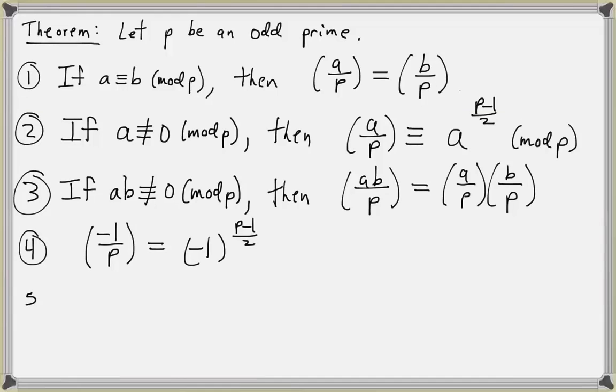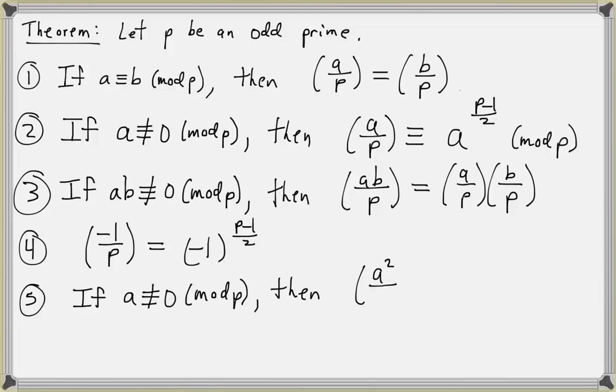The fifth property, if A is not congruent to 0 mod P, then A squared over P will always equal 1.